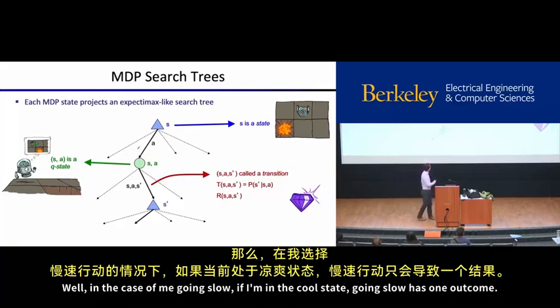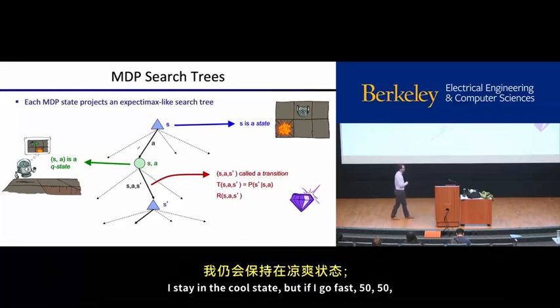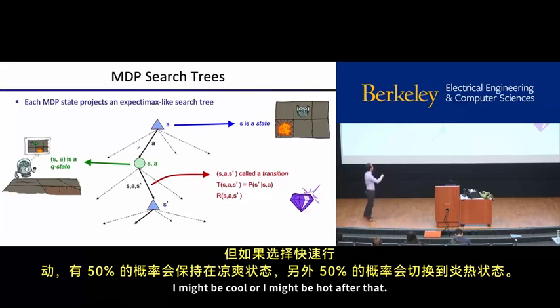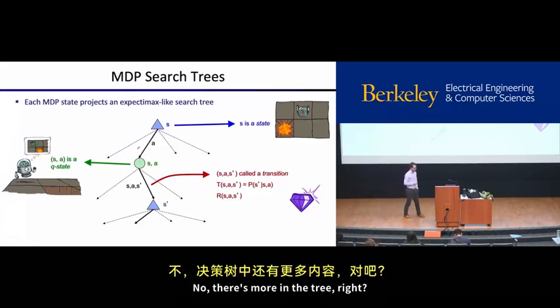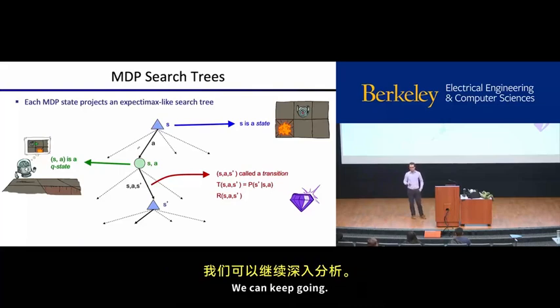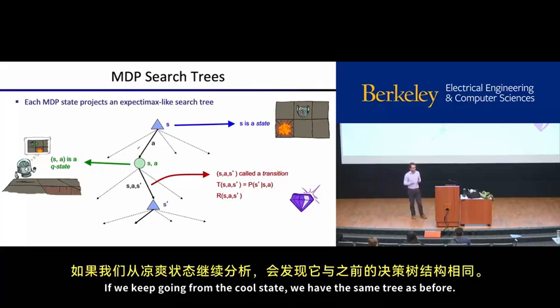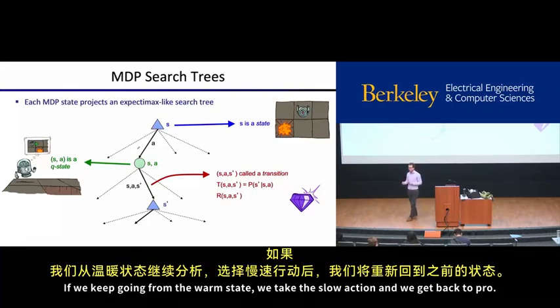One more thing I want to mention is that this S, A, this green node, we can give that a name too. We call this S a state, and then you might not have an intuitive understanding of what this chance node corresponds to, but we're going to call that a Q state. This is basically saying I've locked in my answer for what action I'm going to pick, and now I'm just waiting for the environment to respond.